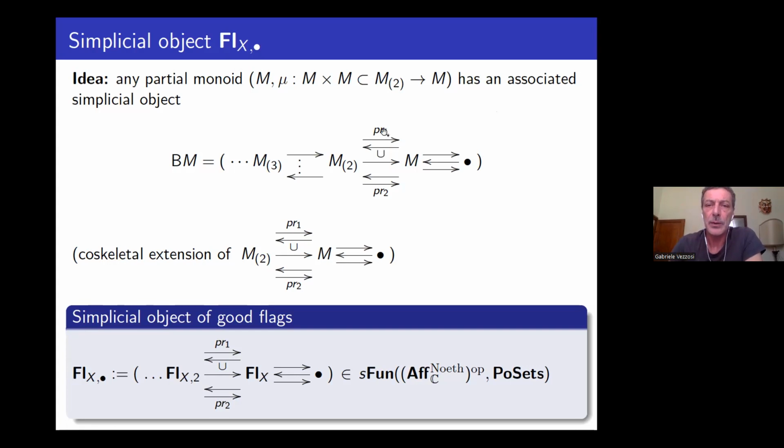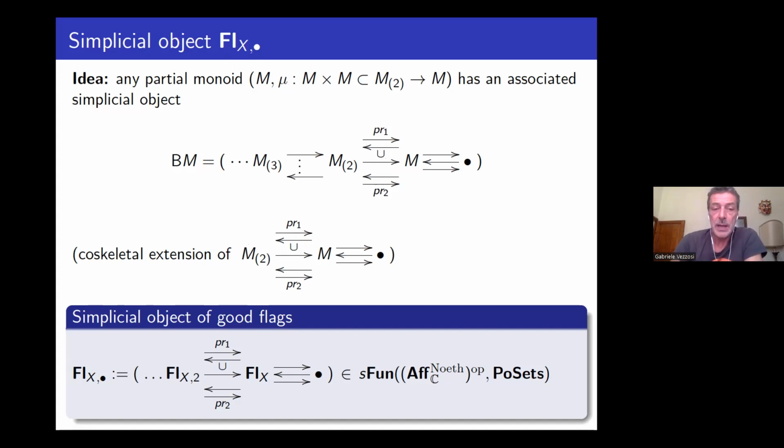Of course, I wrote it wrongly. There are two projections from M2 to M, pr1 and pr2, and then there is the map that I denoted as the union, but that's wrong. It's just mu. It will be the union in our case, but it's just mu in the general case. And this BM can be seen as a 2-coskeletal extension of the diagram written there, just the first three levels of the simplicial object.